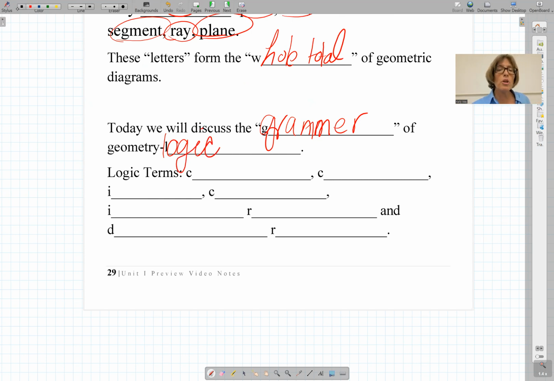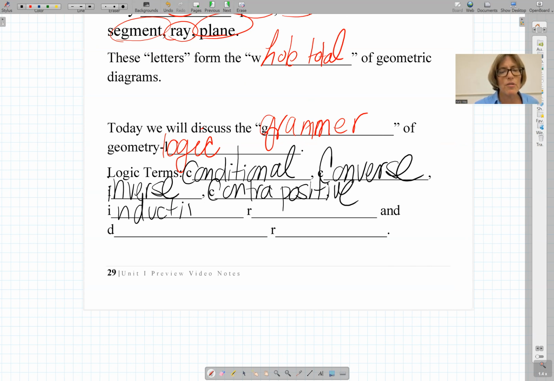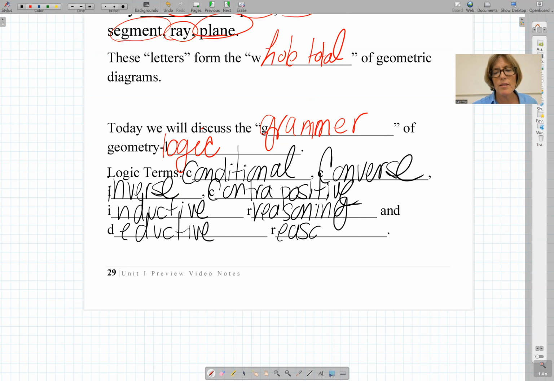The terms you need to be familiar with are conditional, converse, inverse, contrapositive, inductive reasoning, and deductive reasoning.